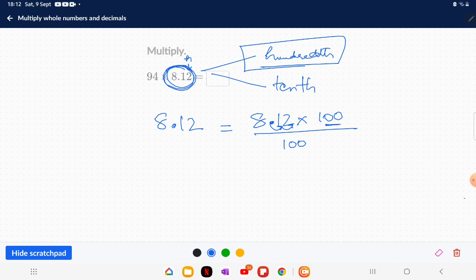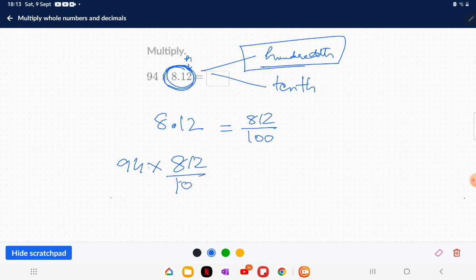So 8.12 multiplied by 100, the number of zeros is 2, so the decimal takes 2 jumps, and this becomes 812. So going back, 8.12 is equal to 812 over 100, which is the same as 812 hundredths. Now we need to do 94 multiplied by 812 hundredths.